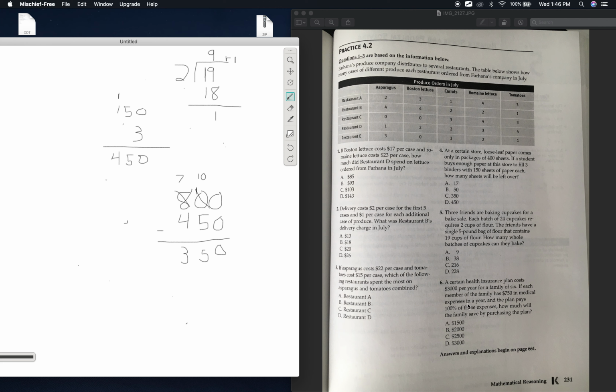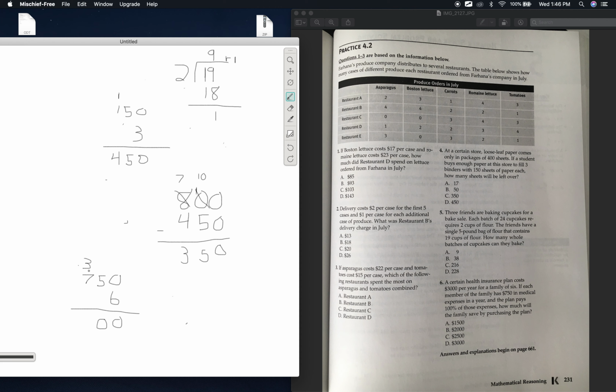So we times 6 members by $750. 6 times 0 is 0. 6 times 5 is 30. 6 times 7 is 42.